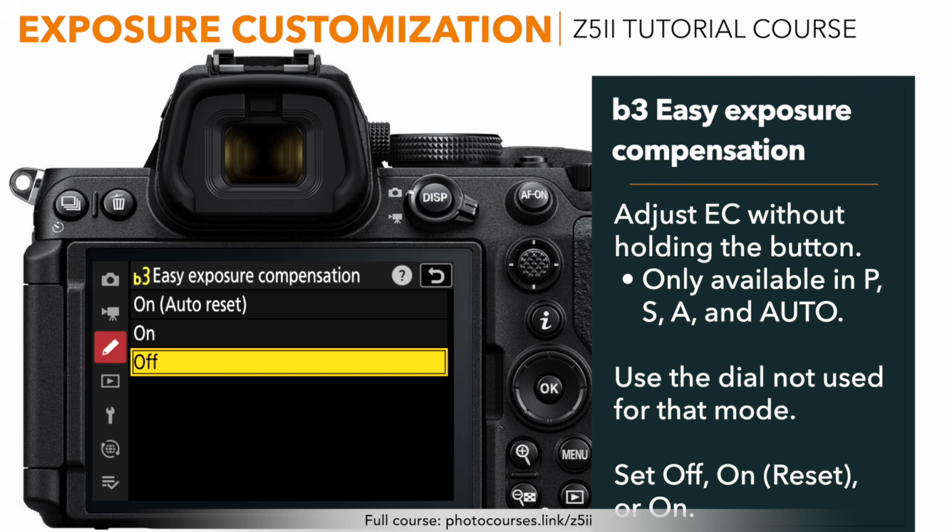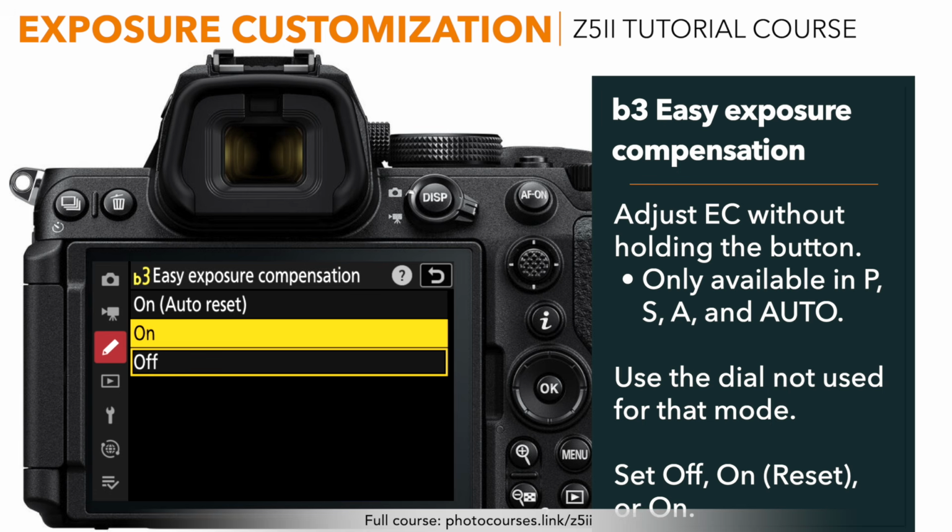The command dial that you are going to use to change your exposure compensation is going to depend on the exposure mode that you're in. It's going to be the command dial that is not the one that you're using to change the exposure variables for that exposure mode.